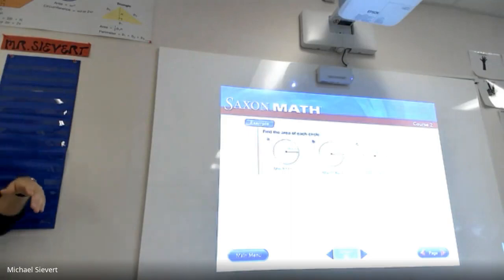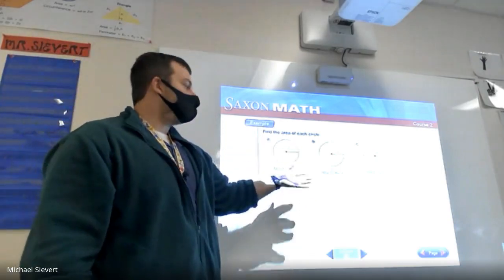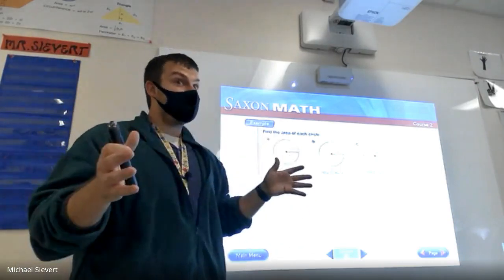I'm hearing grunts of no. My head's shaking. But why is it 10? Why is it only 10? Because the line is only. Lanesha? There's a lot of stuff in the middle. It goes into the middle because radius is half the diameter. So if you did 20, which is the diameter, you're doing it wrong.